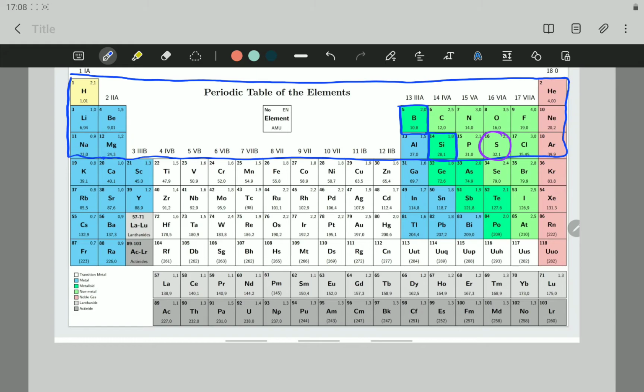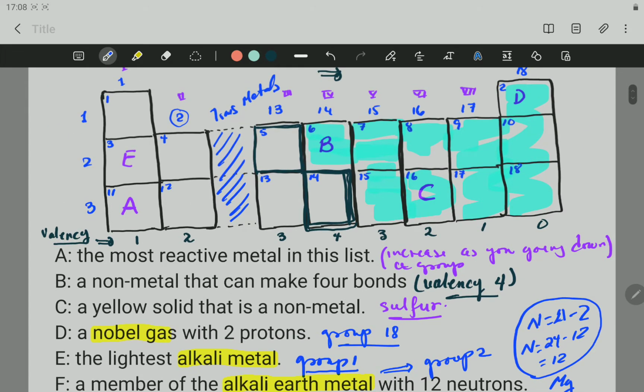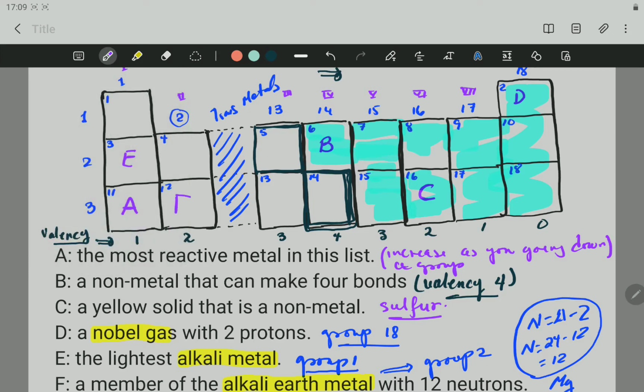It won't give you 12. Okay, so it will be magnesium. We have 24 and 12. So if you say 24 minus 12, that is equal to 12. So what element is that? It is magnesium. So F is going to be allocated there.